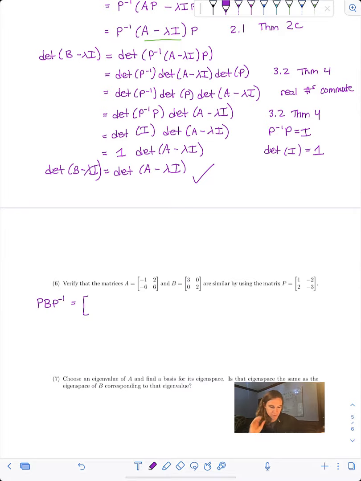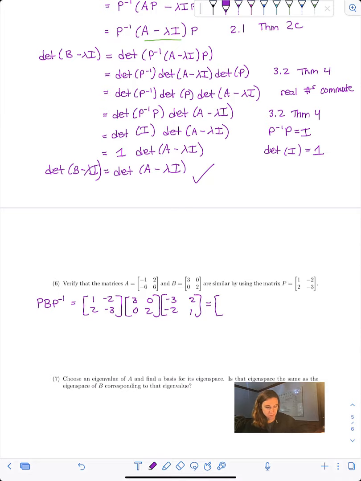So if we want to verify this, we write down P, we write down B. If you want to pause and try to find your inverse of P, you can do that. Here's what it is. And let's go ahead and multiply these things out.